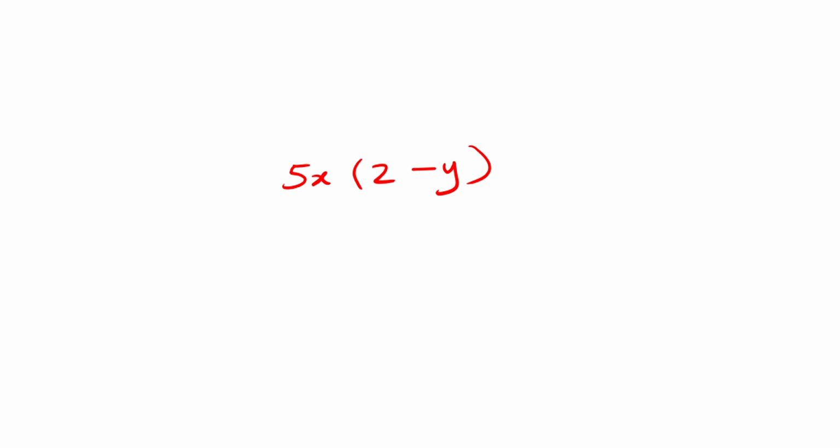And you can play back the video on expansion and see how you go about this. But this one typically means that the term sitting outside the bracket goes for each of the terms sitting inside the bracket by way of multiplication. So this becomes 10s, and then this becomes minus 5sy. So that is the expansion.